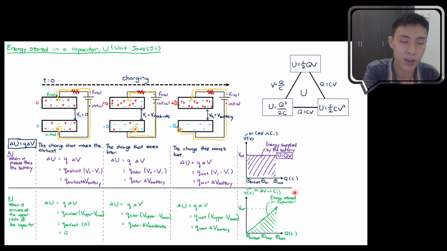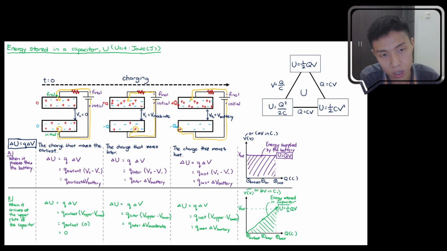I think just by your naked eye, you can see that this is actually a triangle. So if you find the area of this triangle, that's just half multiplied by the width, which is Q, multiplied by the height, which is V. And this is how you get the equation for energy stored in a capacitor.